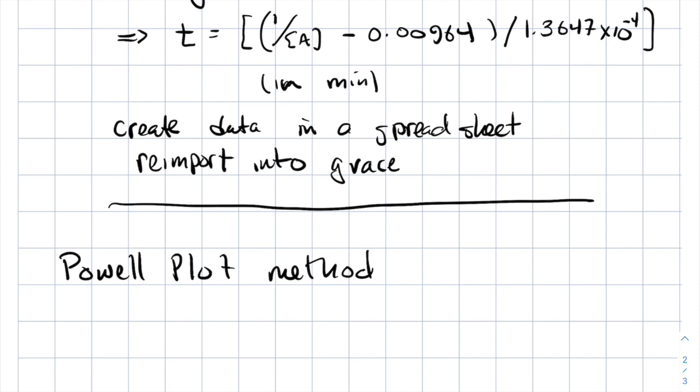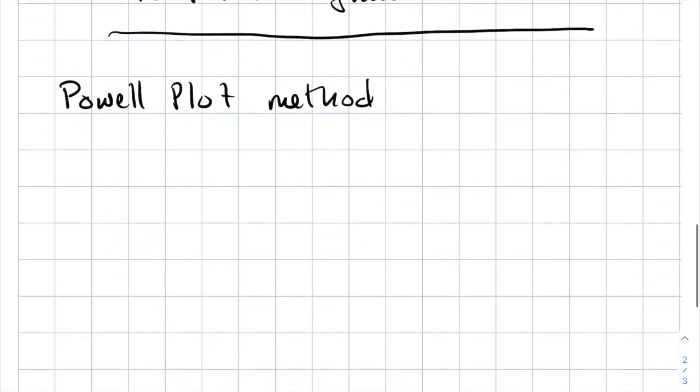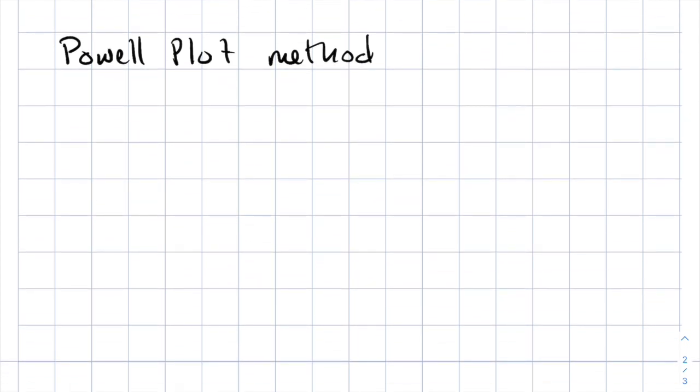This is actually mathematically very similar to the fractional life method, but it's more of a graphical way of doing it. And if you read the discussion in Levine about what he says to do, he basically says to make your calibration Powell plot, which is figure 16.6 in Levine, and then plot your data on the same scale on some onion paper or something, and then slide it around until you can match the curves.